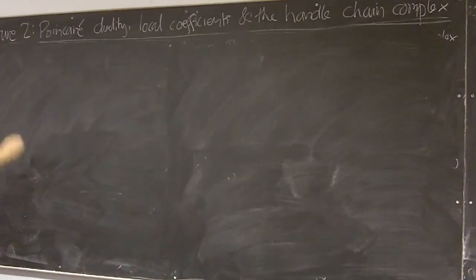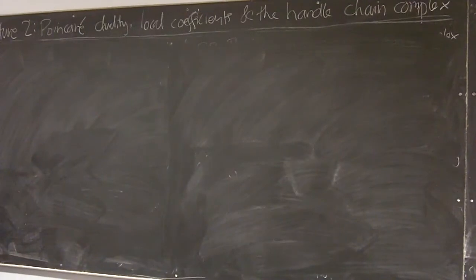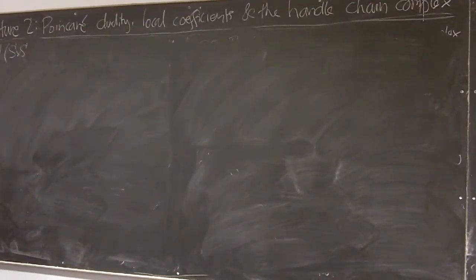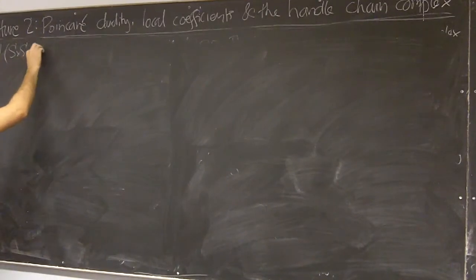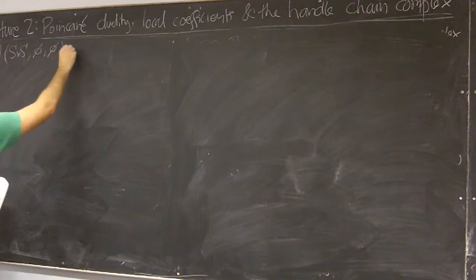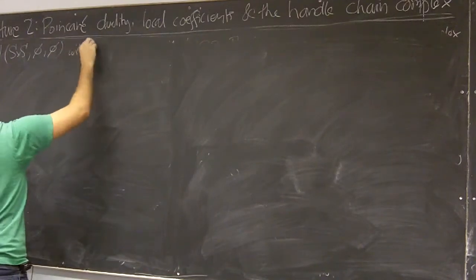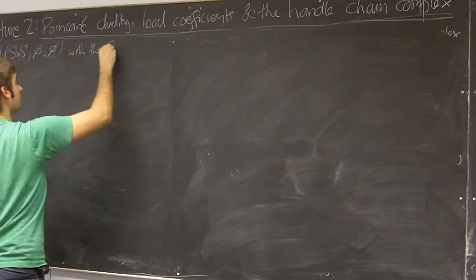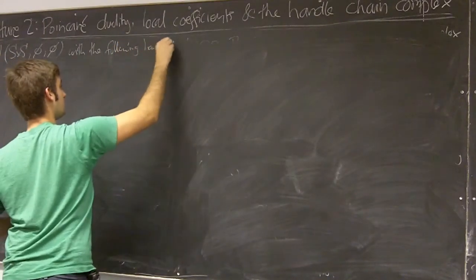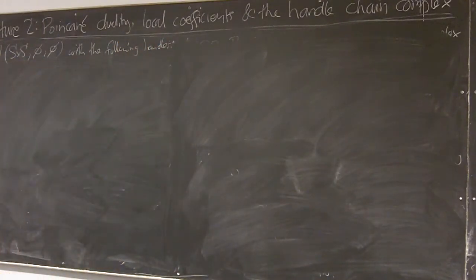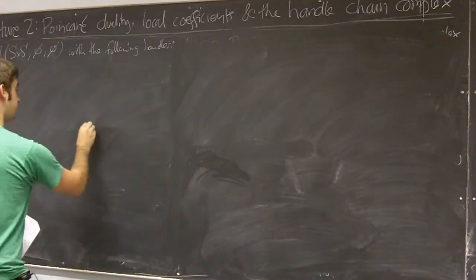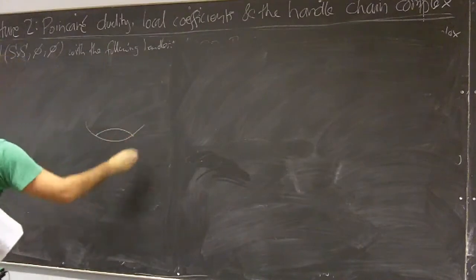So the example will be the torus S1 cross S1 considered as a cobordism between the empty set and the empty set with the following handle structure. So do a nice big picture so it's clear what's going on.